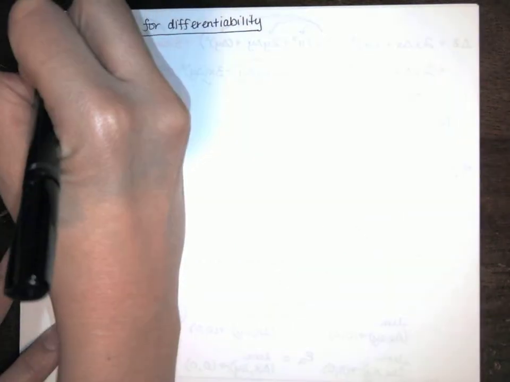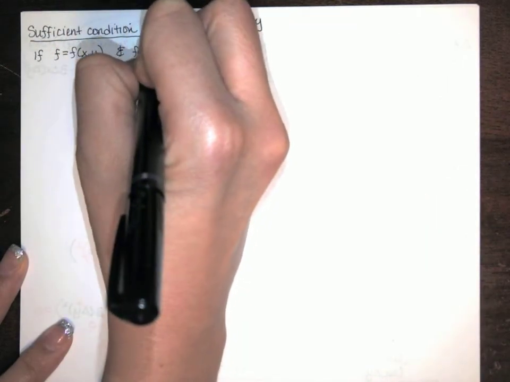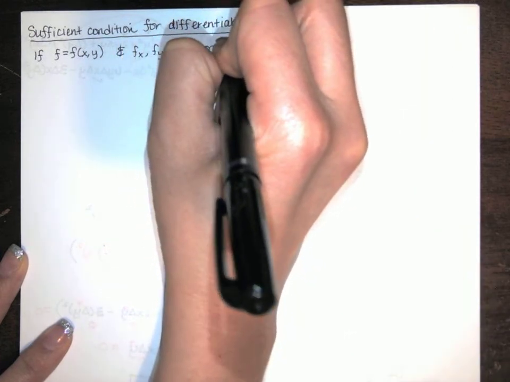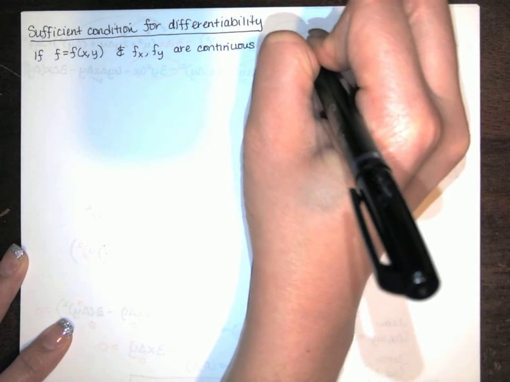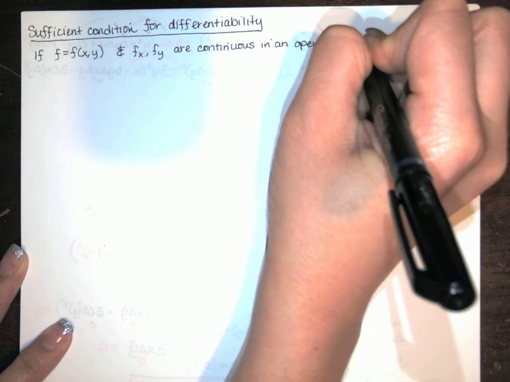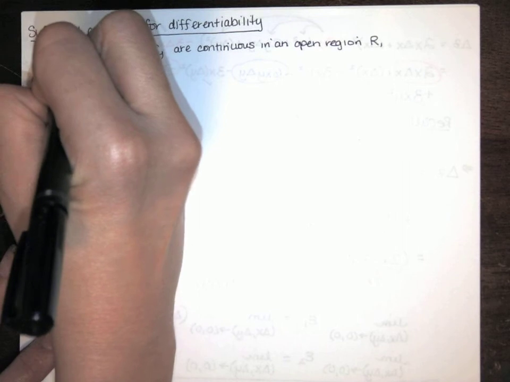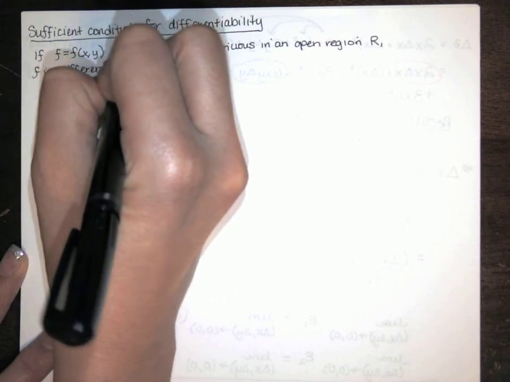If f is a function of two variables and the partials of f with respect to x and y are continuous in an open region R, under those conditions, then f is differentiable on R. Wow, isn't that nice?